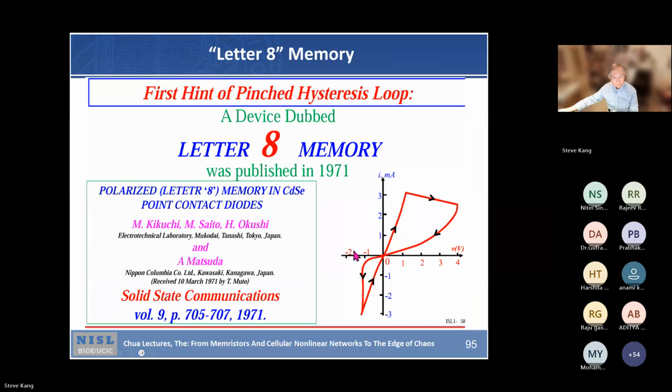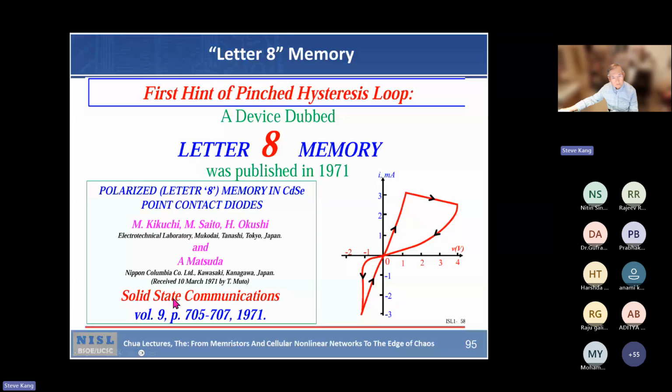Now, even in 1971, there was an interesting paper from Electrotechnical Lab, Mukodai, Tanashi, Tokyo, Japan, and then Nippon Columbia Company.